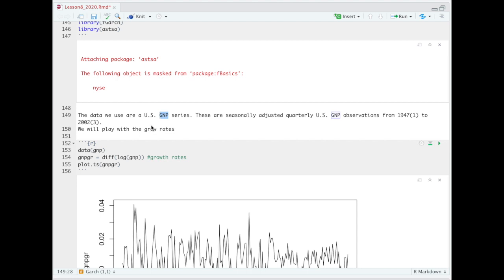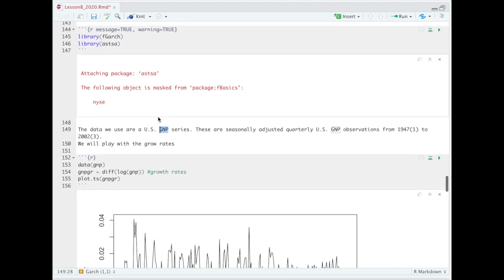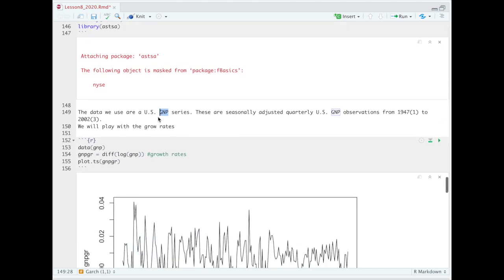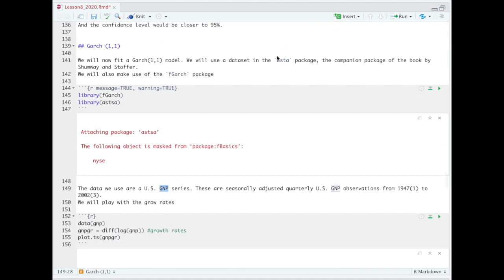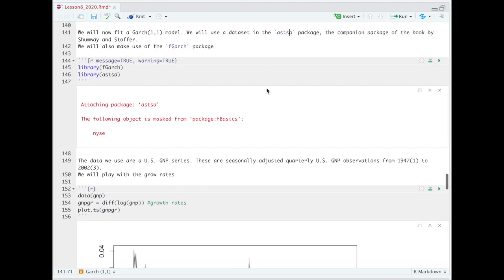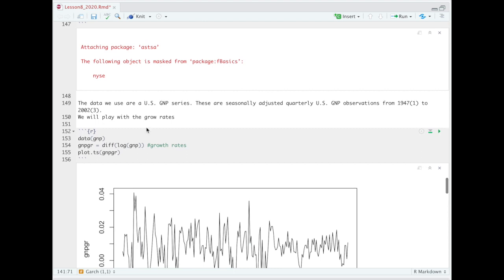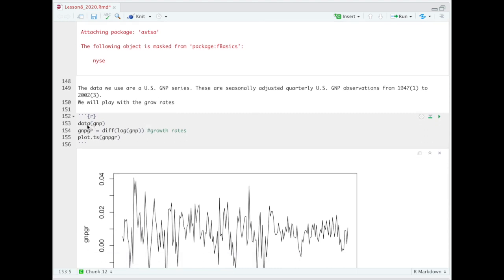Okay, so what we have to do once we have loaded the ASTA package is simply to upload our data and then compute the growth rates by taking the difference of the logs.